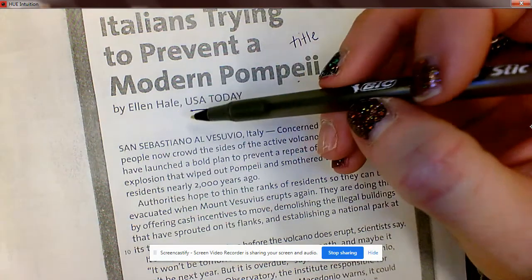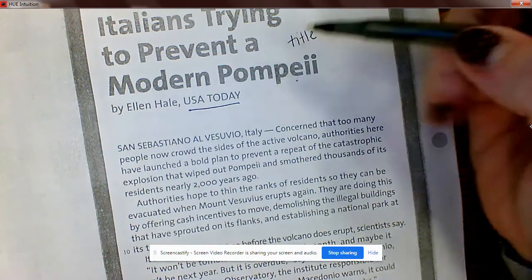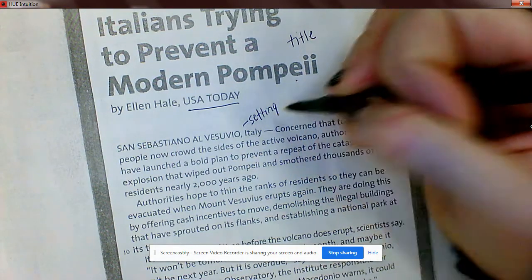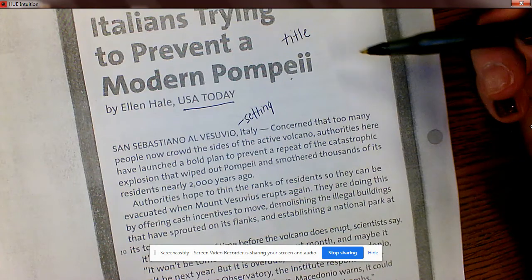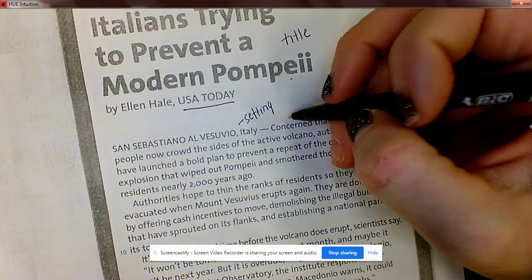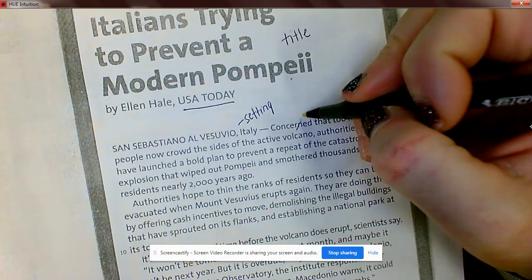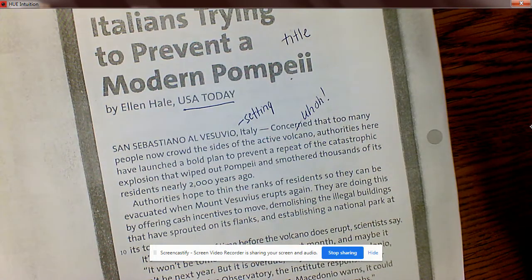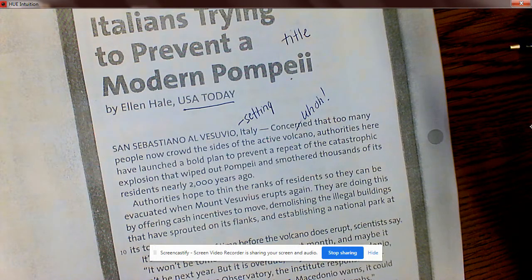So, San Sebastian al Vesuvio, Italy. So that's where this takes place. That's the setting. Concerned that too many people now crowd the sides of the active volcano. Oh boy. Authorities here have launched a bold plan to prevent a repeat of the catastrophic explosion that wiped out Pompeii and smothered thousands of its residents nearly 2,000 years ago.